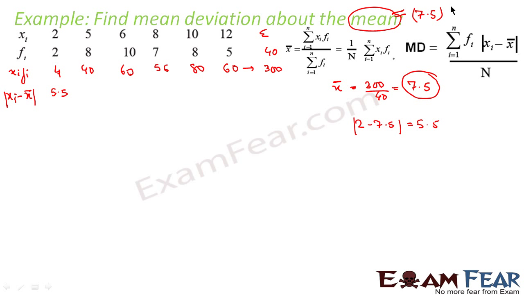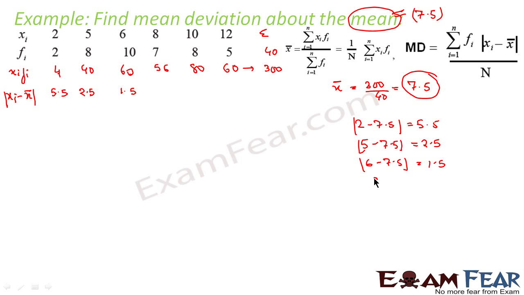Similarly for 5, 5 minus 7.5 mod is 2.5. For 6, 6 minus 7.5 mod is 1.5.